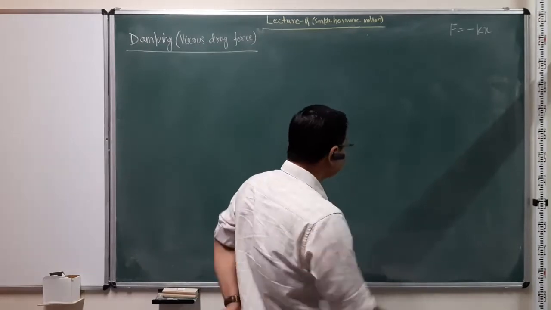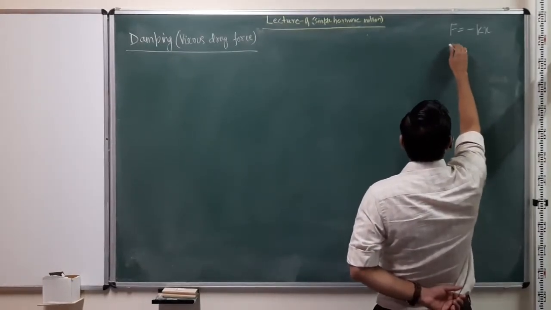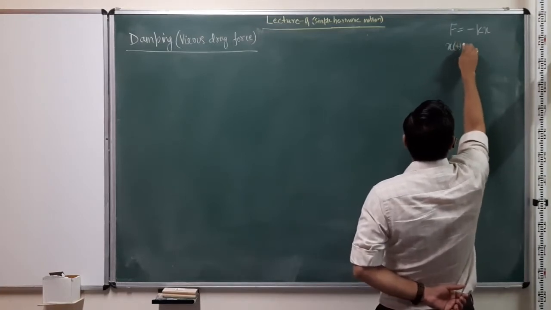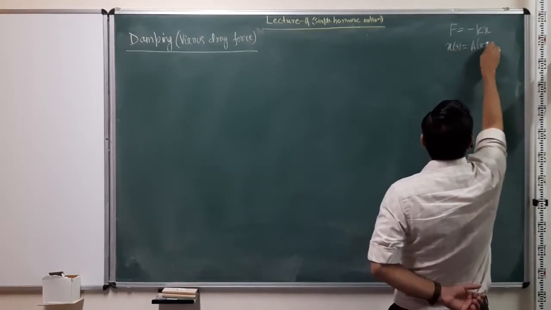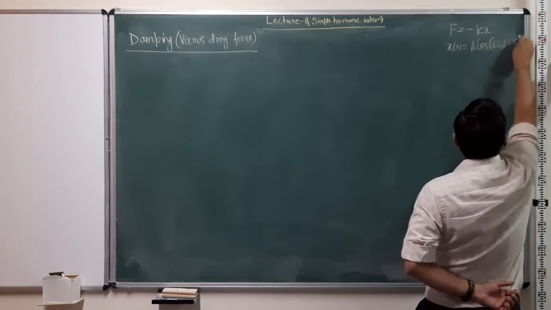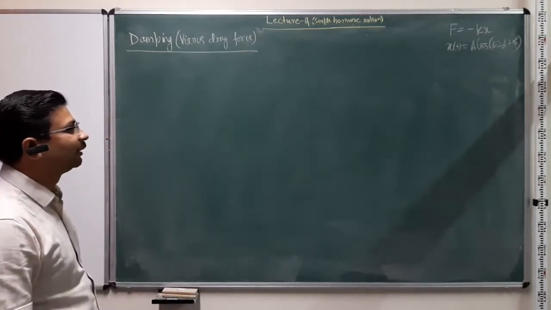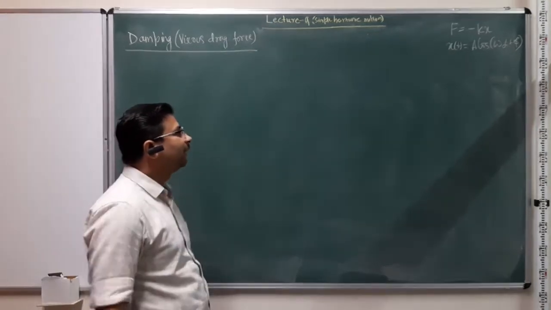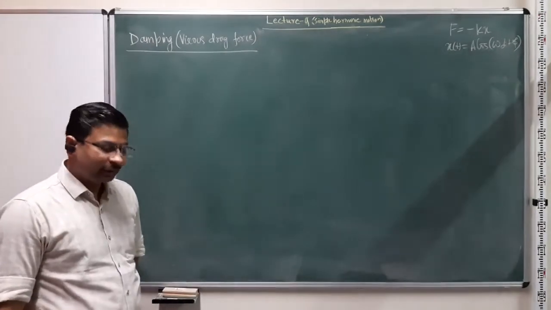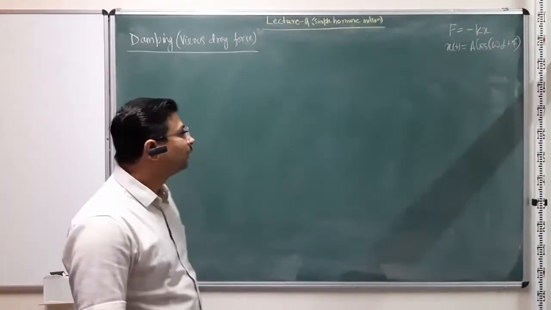And the solution for the equation of motion under this force, we could write it down as a cosine of omega 0 t plus phi, where omega 0 is a characteristic frequency described by the force constant k and the mass of the particle. Right?